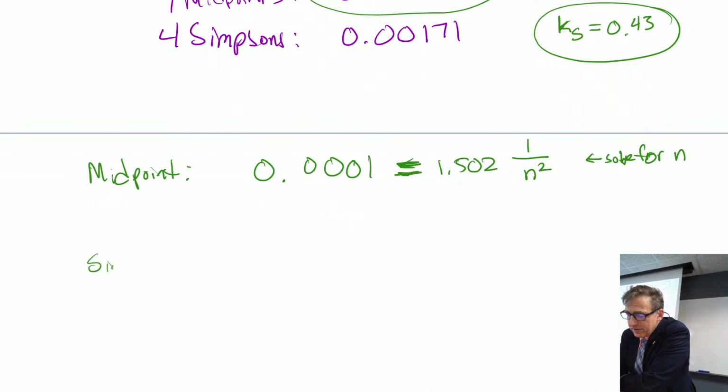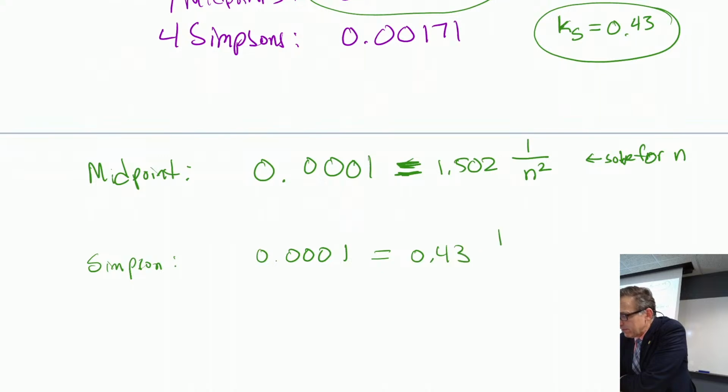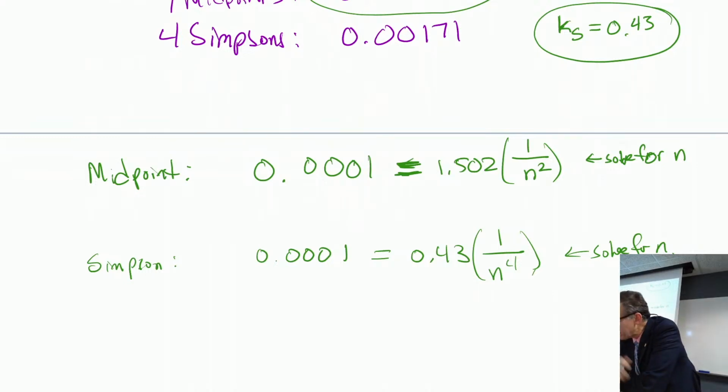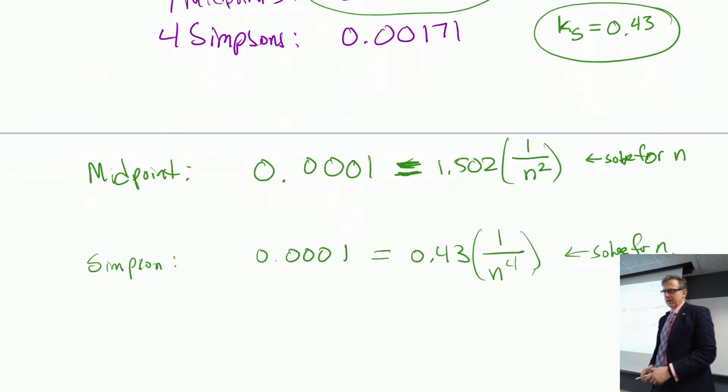And then for Simpson, we're going to do something similar: 0.43 times 1 over n to the 4th, solve for n. I think I'm going to be disappointed with Simpson, but what can I do?